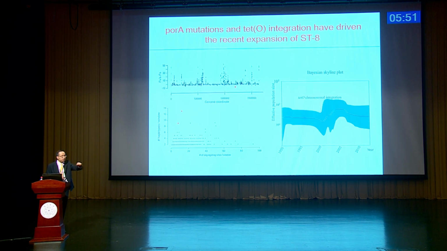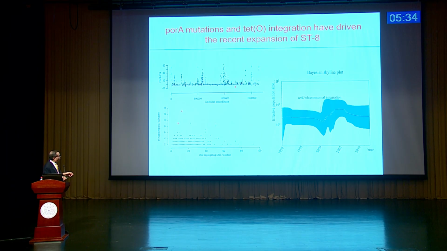We also used population genetics to try to identify what has driven the expansion of clone ST8. Again, the PorA mutation is the only signal based on population genetics related to expansion of this clone.